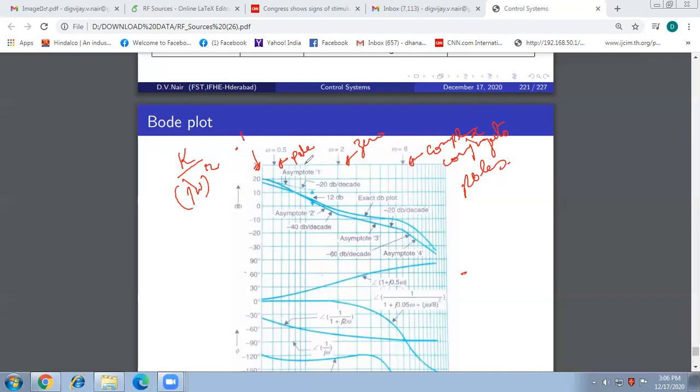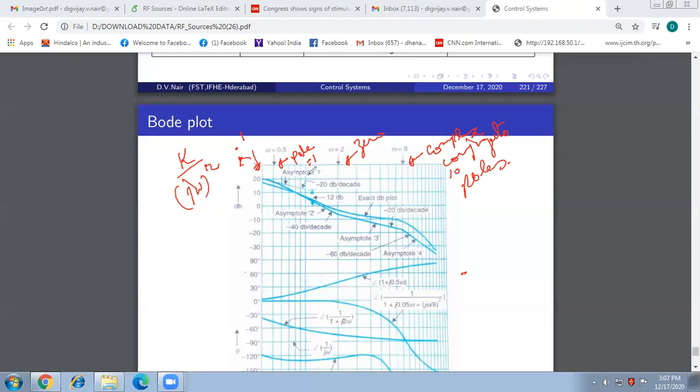One block later, this will be omega equal to 1. Since the corner frequency is 0.5, it will be somewhere further on this side; it is not visible in this case. This is omega equal to 1, and this is omega equal to 10, the beginning of another block.